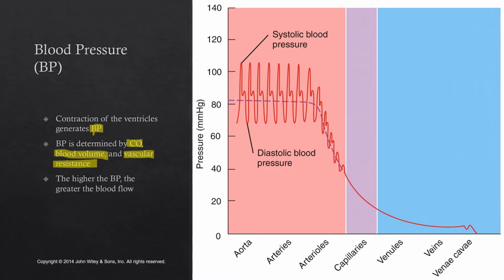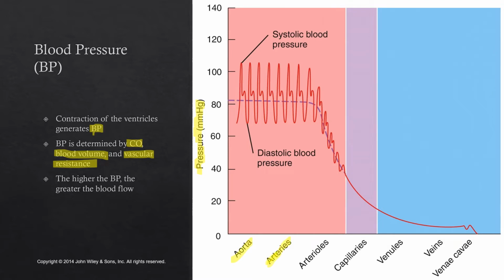Now, blood pressure is highest in the aorta and in large systemic arteries. And we're going to look at this diagram on the right here. So on the y-axis, we have pressure in millimeters of mercury, and then along the x-axis, we have various different blood vessels. So here we can see the aorta and the arteries.